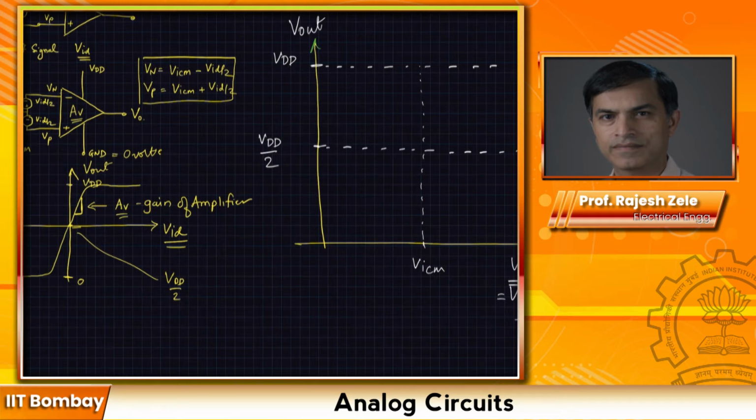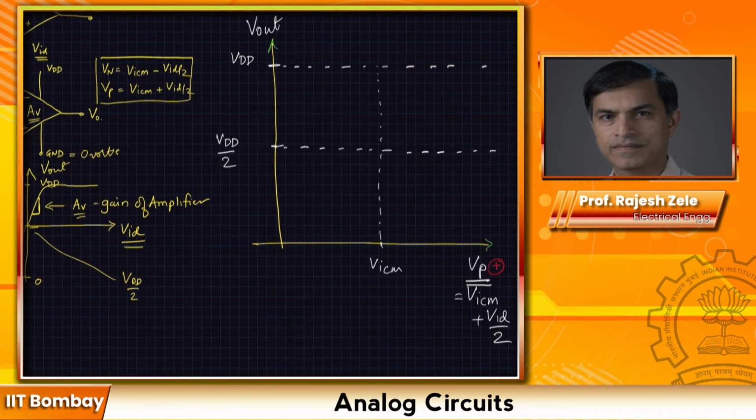If Vp goes positive compared to VICM, then we expect the amplifier to show a characteristic something like this. Even though it doesn't look like a straight line, it should pretty much look like a straight line like this over here.